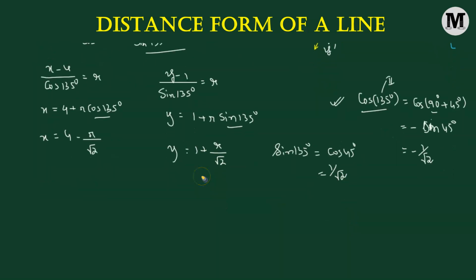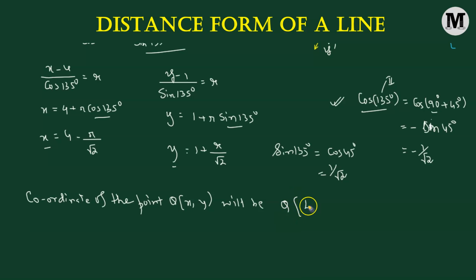Okay, so now what we have done here is express the x value as well as the y value in the parametric form. Or in other words, we can say that the coordinates of the point Q, which we initially expressed as x comma y, is going to be given by 4 minus r over square root of 2 comma 1 plus r over square root of 2.